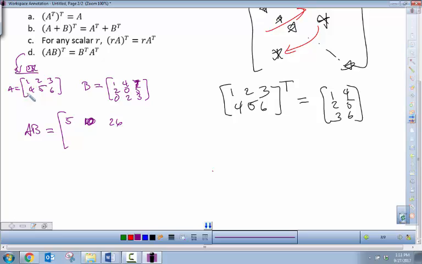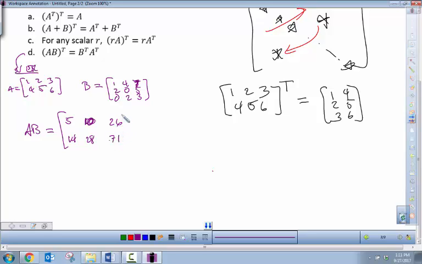The second row, 4, 10, 14, 16, 12, 28, 24, 25, that's 49, 28, 28, 25, 53 plus 18, 71.